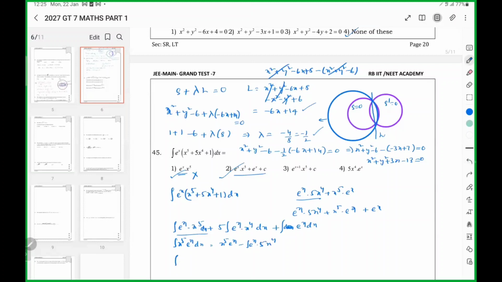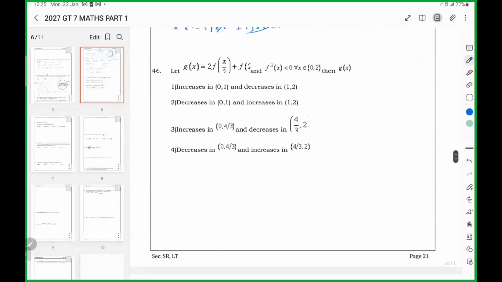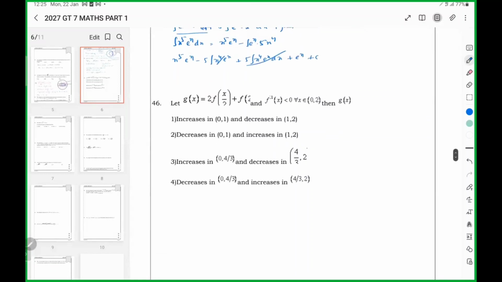I got x power 5 e power x plus 5 times integral e power x, which is e power x, plus c. So second option.